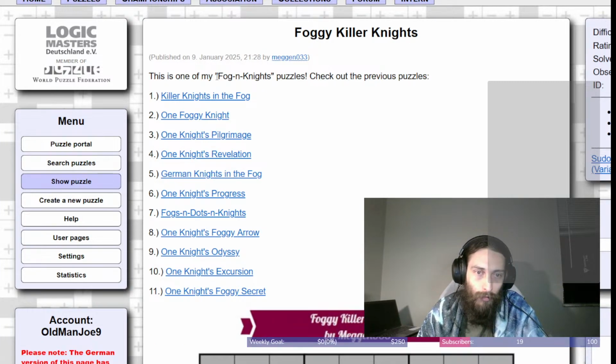This is one of my fog and knights puzzles, like the previous ones.